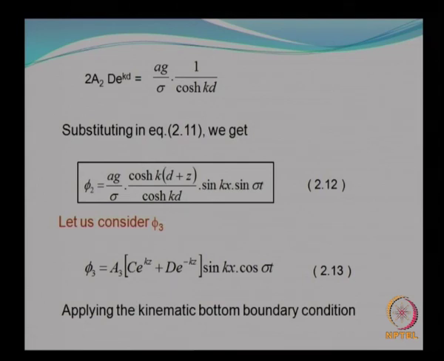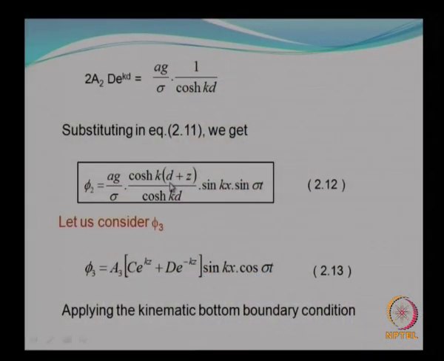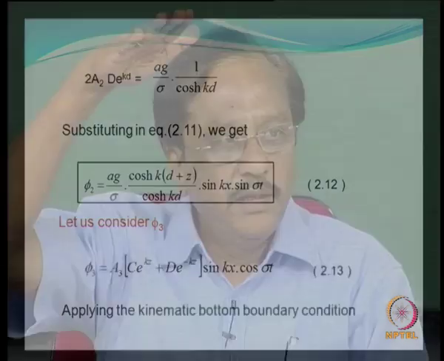We have eliminated the two constants A and D, and now we have an equation as a function of amplitude, that is A, K, D is the water depth, Z is at any particular location. This shows that the velocity potential will be varying within the fluid medium from top to bottom.